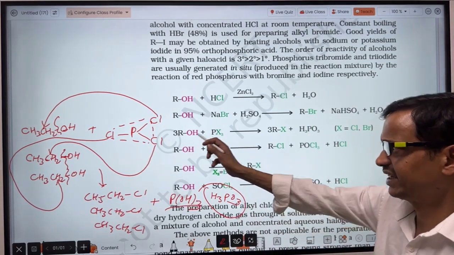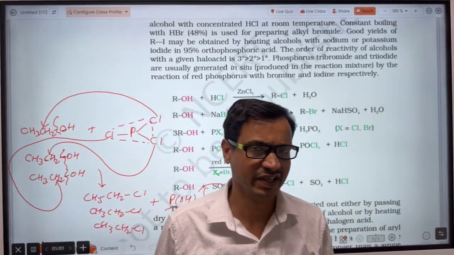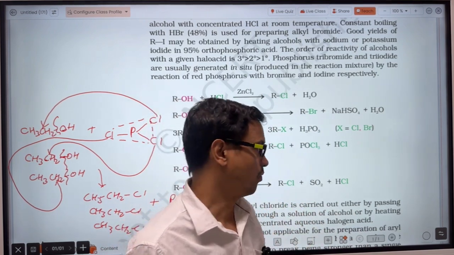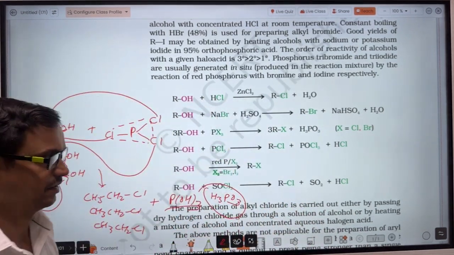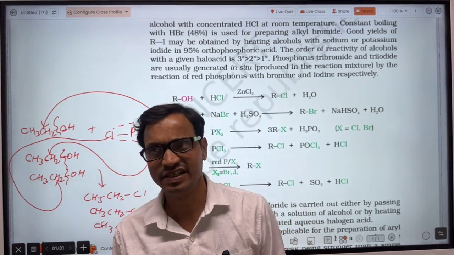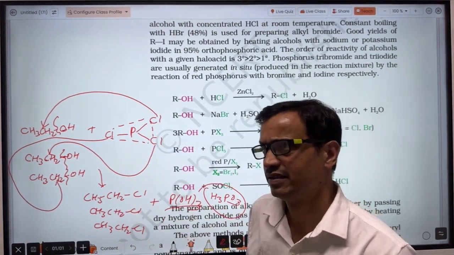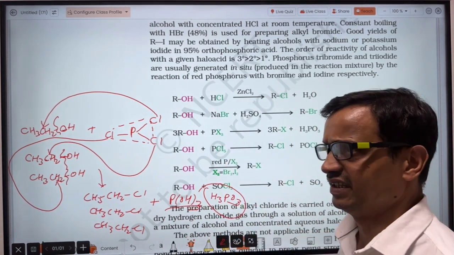When PCl3 reacts with alcohol, 3 molecules of alcohol react with 1 molecule of PCl3. As a result, there will be formation of 3 moles of haloalkane and H3PO3.